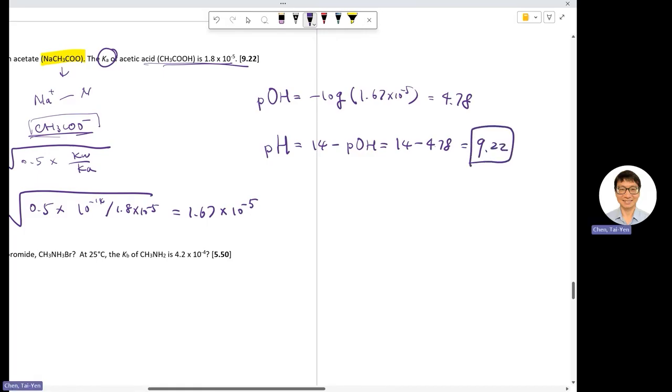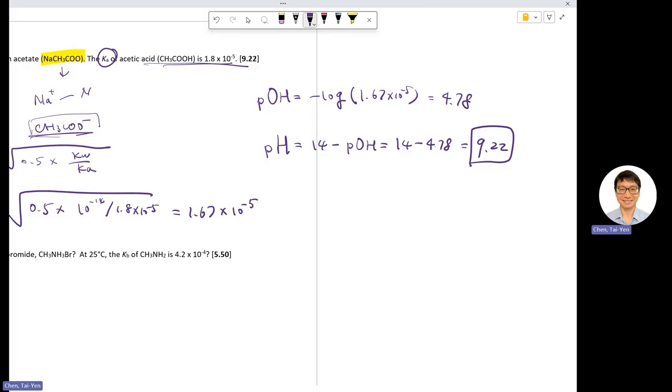So this is how you solve this question. Again, you have a salt solution. You need to know what salt you have, then you break apart your salt, visualize and recognize that the cation is neutral and the anion is basic. Therefore, you have a basic solution.